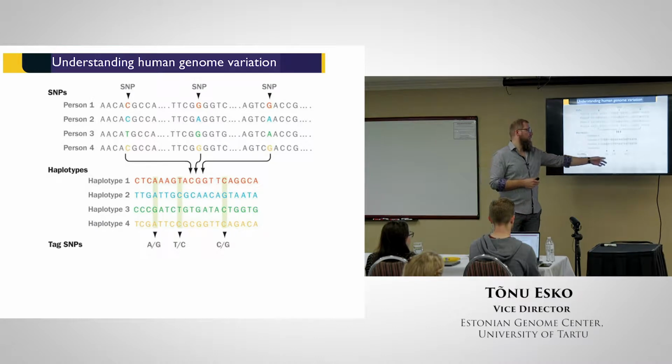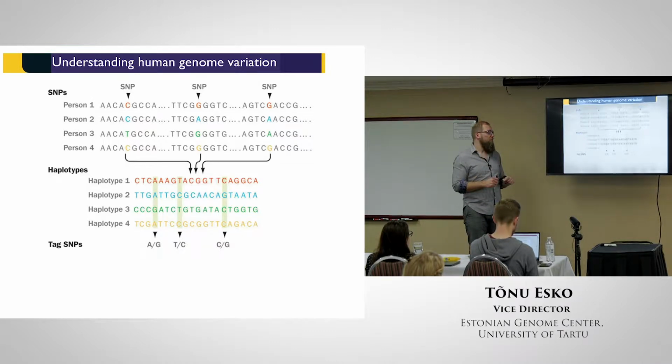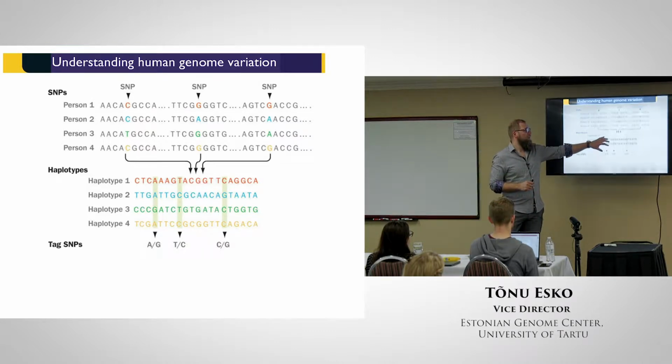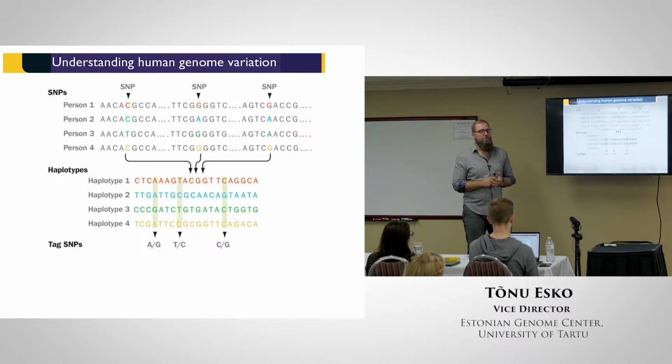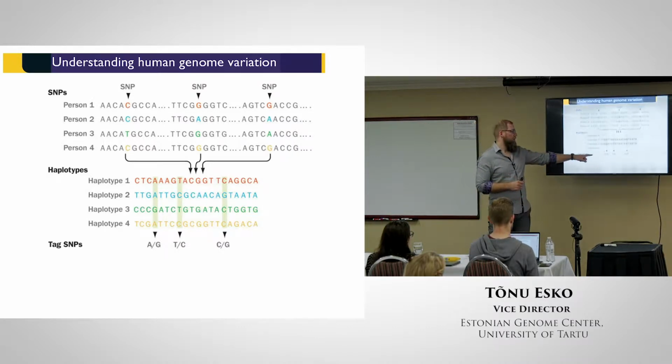It's enough if we use some computational algorithms and pick the positions that capture most of the variation, or we can use those 3 SNPs to decide which of the 4 haplotypes a given person is carrying. Those are what is called tag SNPs, and those are what ends up on the array.